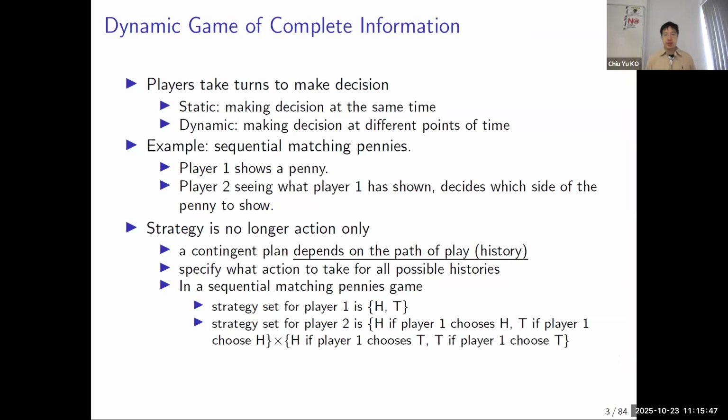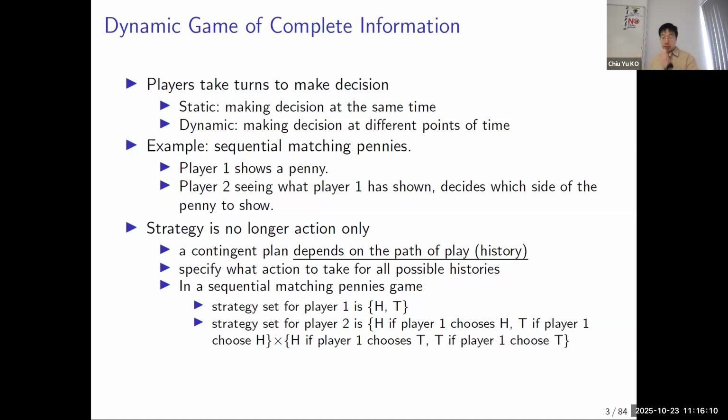Which means that player two can choose an action based on what player one has chosen. So the strategy of player two is much more complicated. It's not an action, it's an action conditional on, or contingent on, what player one has done. So the strategy in a dynamic game is much more complicated.